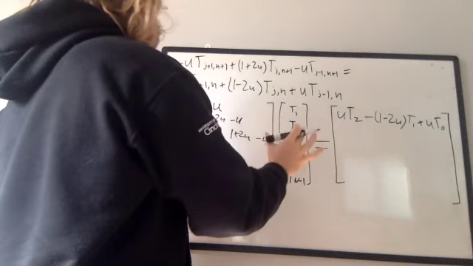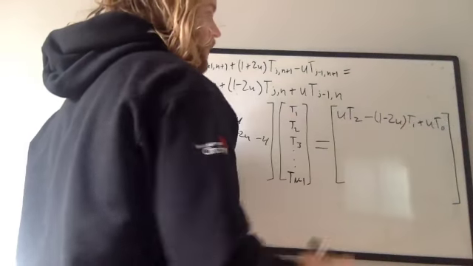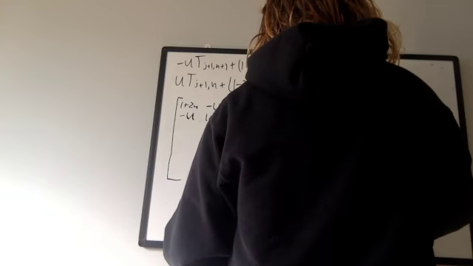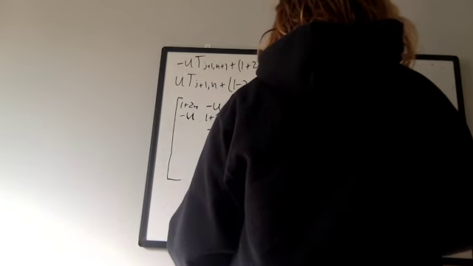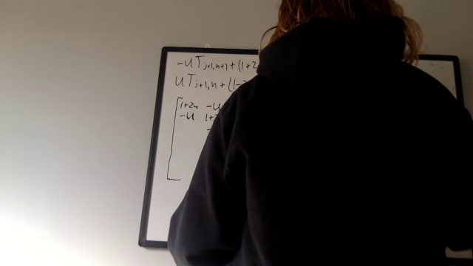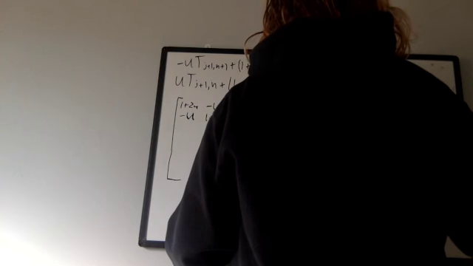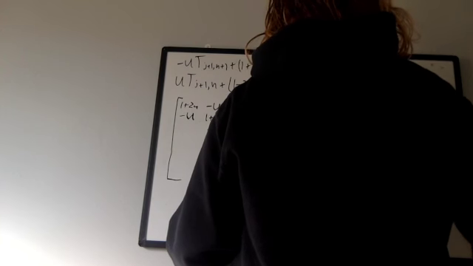Then we'll do the same thing for T2 down here. It's the same thing, except all of these temperatures are shifting over a position to the right. So this is going to be UT3 minus 2UT2 plus UT1.